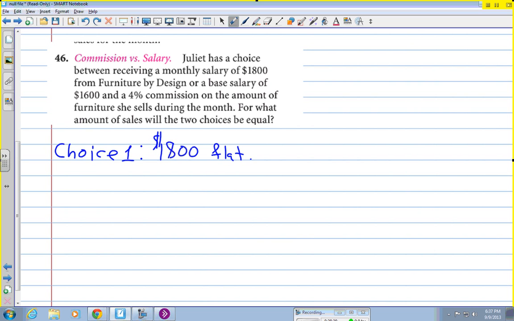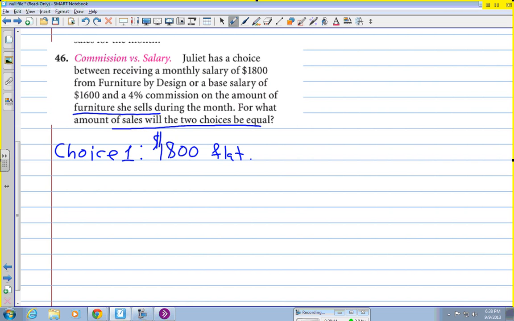She gets 1,600 as her base, plus 4% of the furniture that she sells. So it's 1,600 plus 4% of whatever it is she sells, which we don't know, right? And that's the question. For what amount of sales will the two choices be equal?